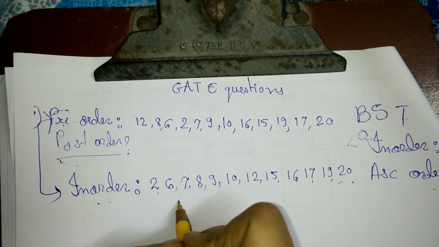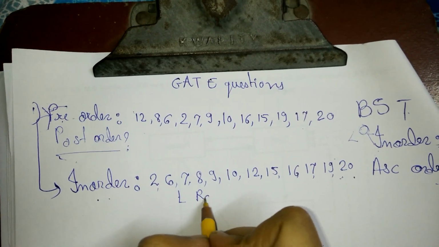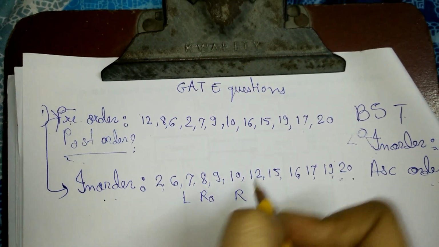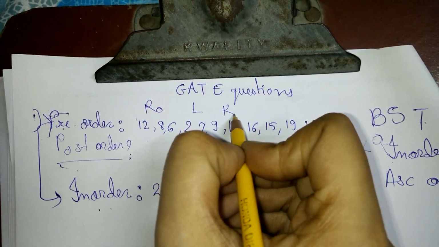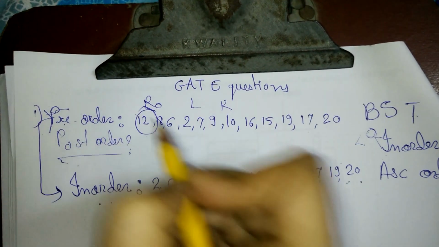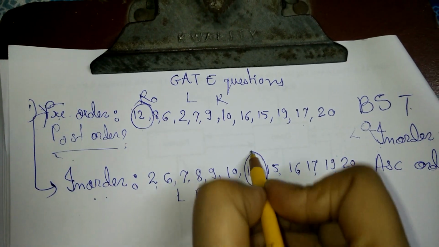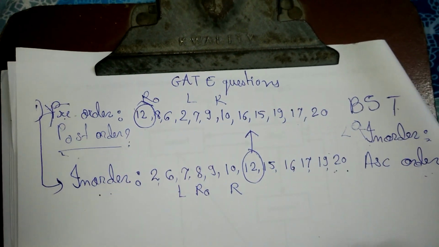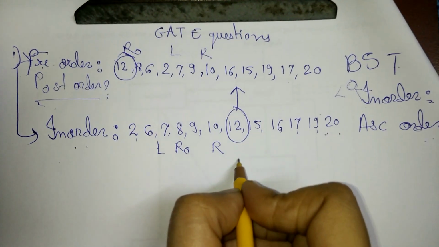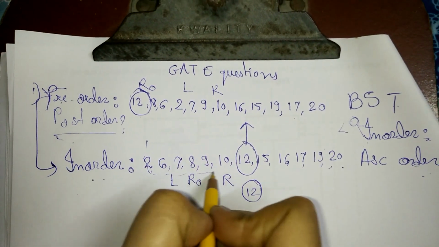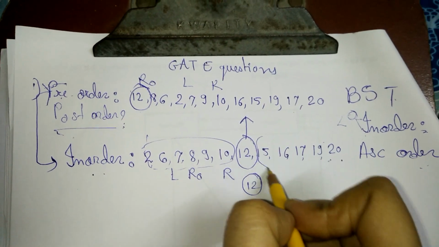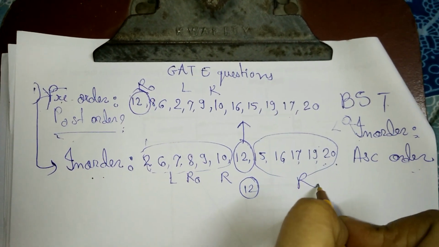We know in in-order sequence we have left, root and right, whereas in pre-order we have root, left and right. So from that we will come to know that 12 is our root. So we will take out 12 as the root. The remaining will definitely be a left subtree, and this is my right subtree.